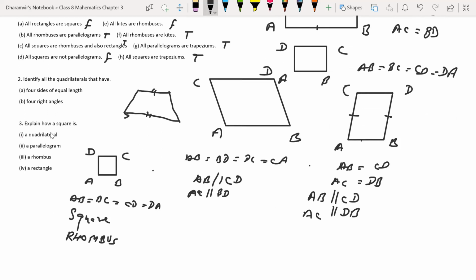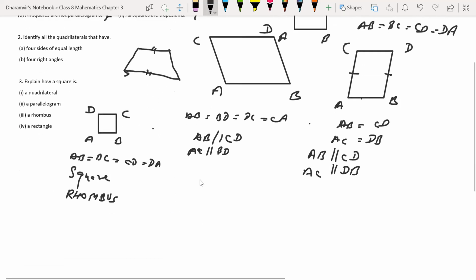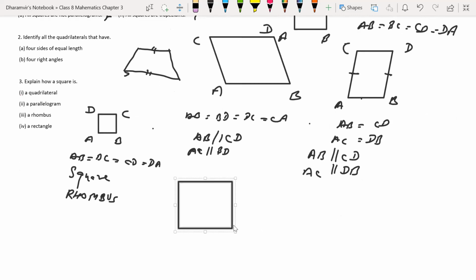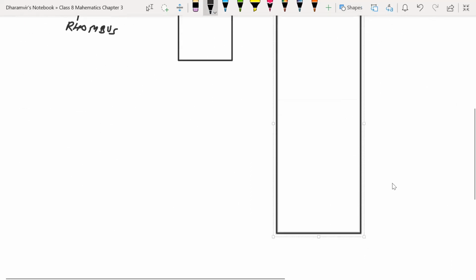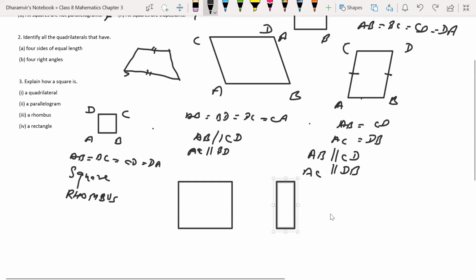And four right angles. Four right angles. It becomes a square, or it becomes a rectangle.